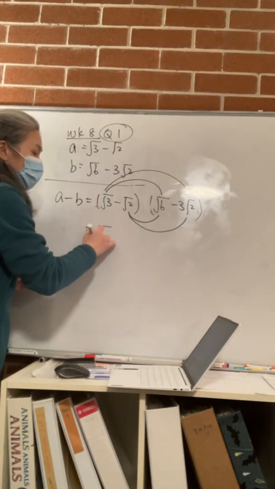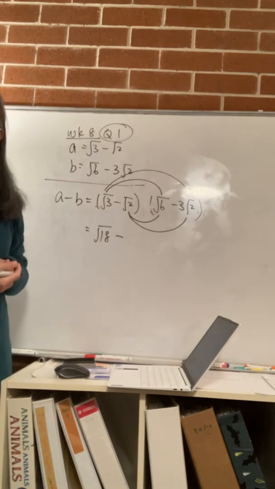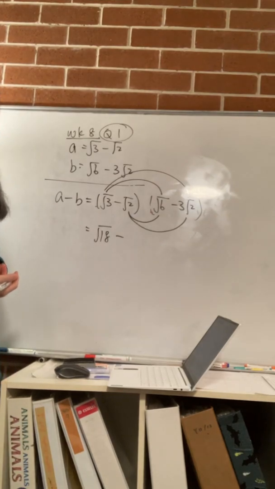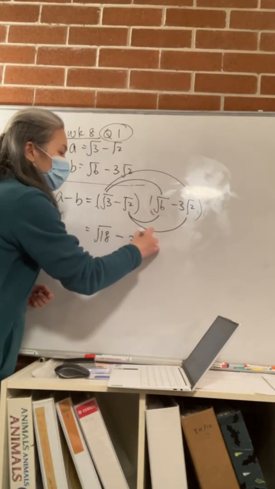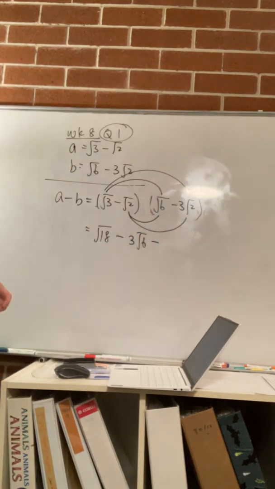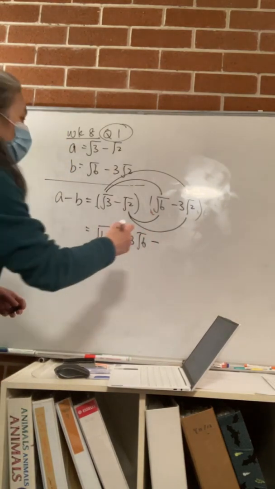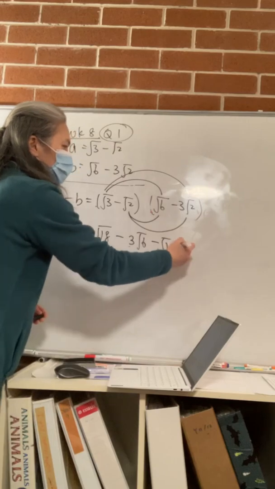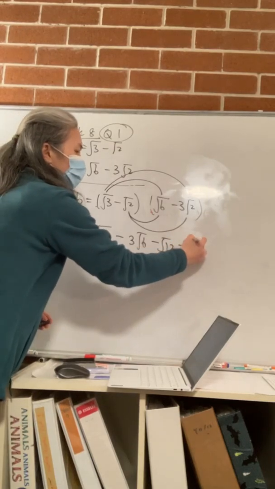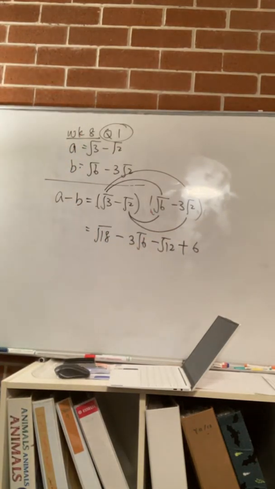So you are going to have root 18 minus 3 root 6, and then minus minus root 12, and then plus 6. Look up root 18 and simplify it. Yeah, I can do this. Okay, that makes more sense.